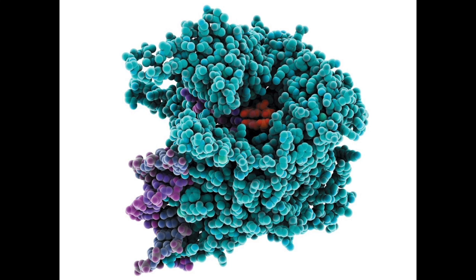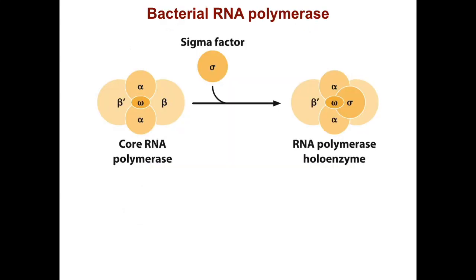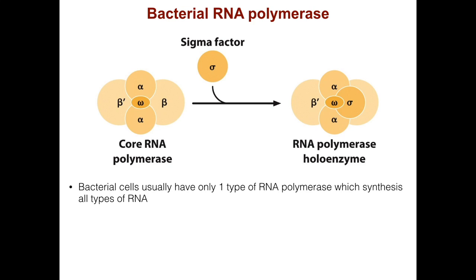And here is the bacterial RNA polymerase. It is composed of several subunits, and this is the actual crystal structure. Bacterial RNA polymerase is composed of several factors. Bacterial cells usually have only one type of RNA polymerase, which synthesizes all types of RNA, and that is not true of eukaryotes.